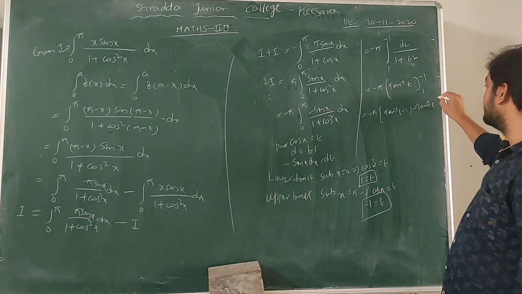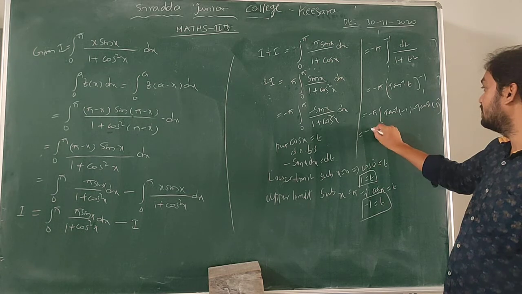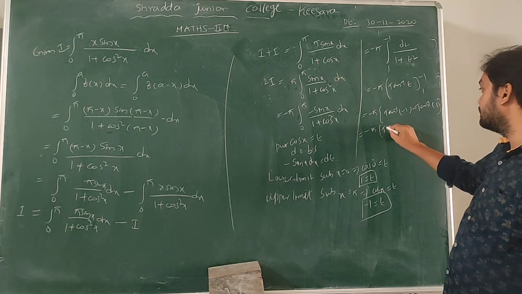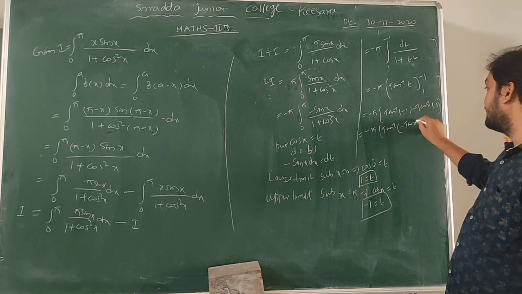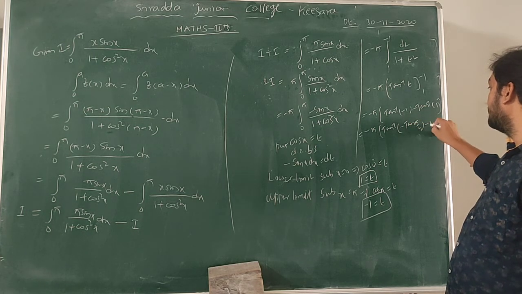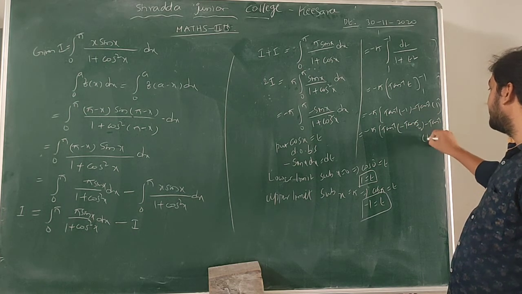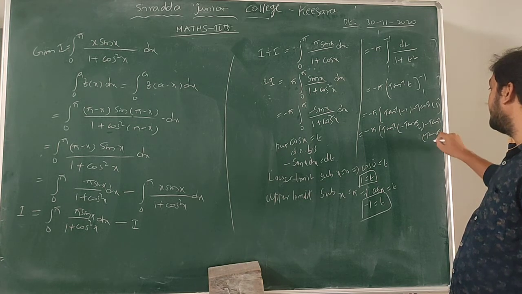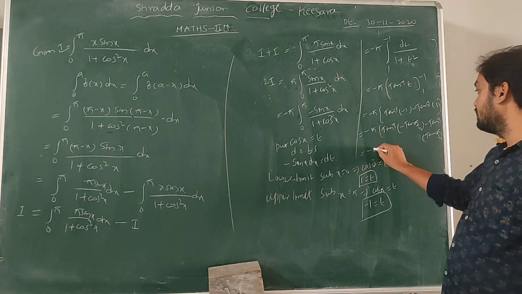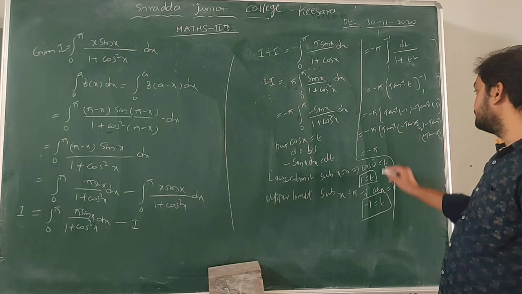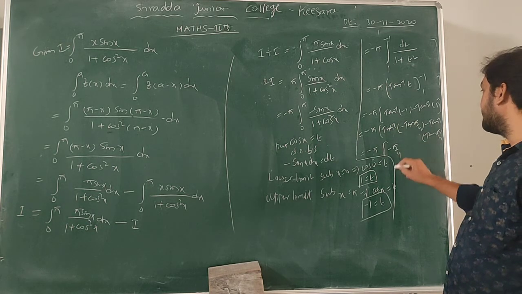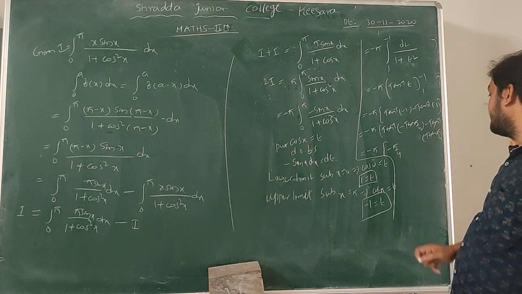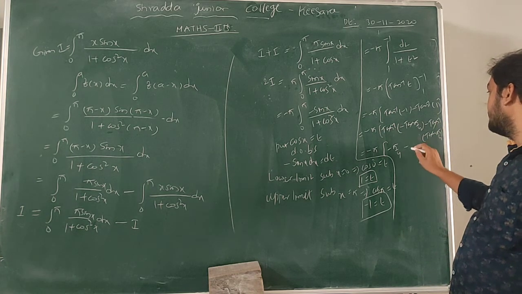Minus tan inverse t means what? That is 1. Minus pi into tan inverse minus 1, that is minus tan pi by 2, minus tan inverse 1, that is tan pi by 4. Minus pi into tan inverse gets cancelled, then minus pi by 4, minus pi by 4.